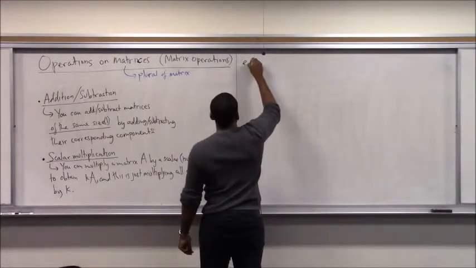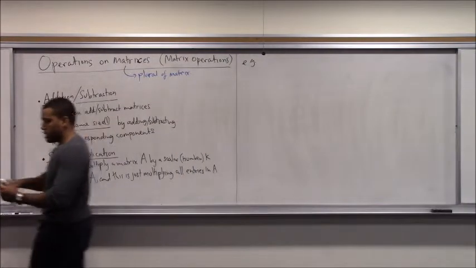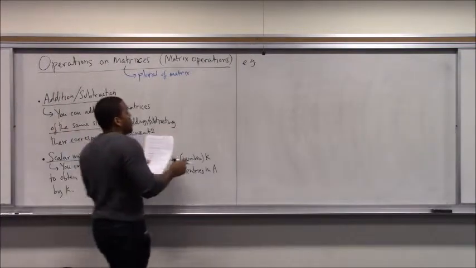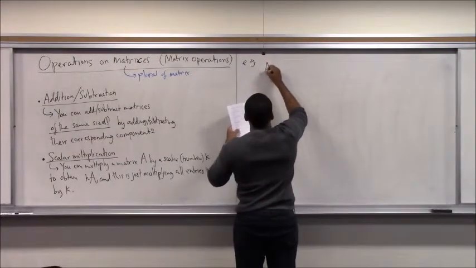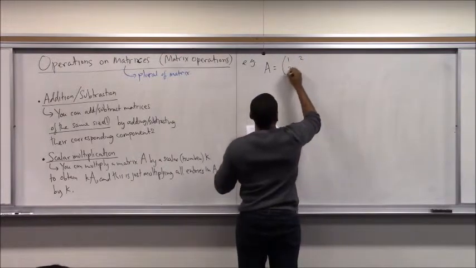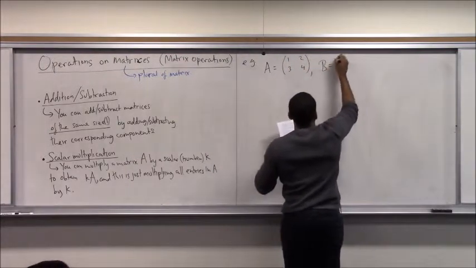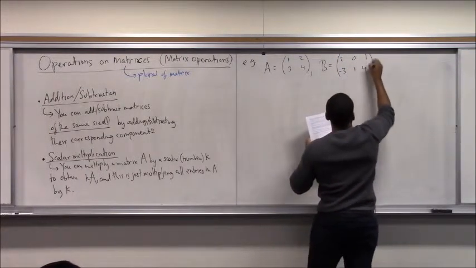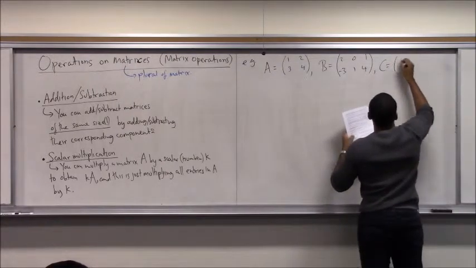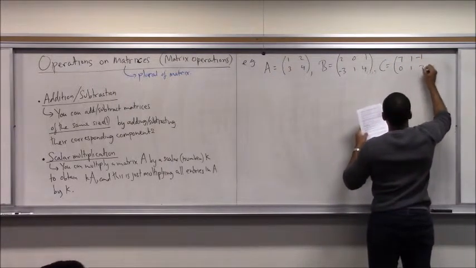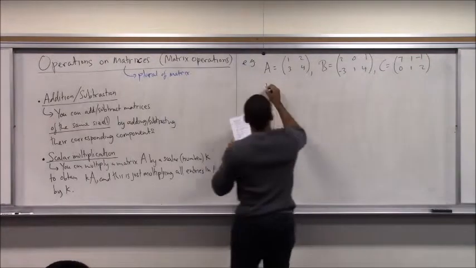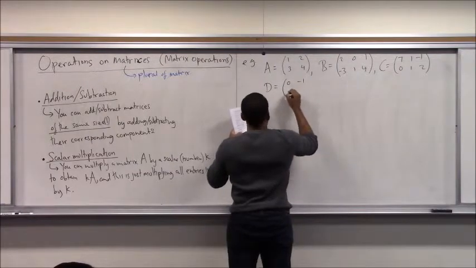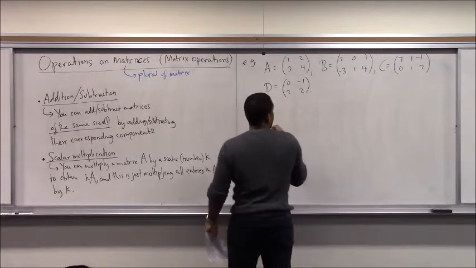So let's do some examples here of using these mathematical operations. Okay, so here are some matrices. A is equal to 1, 2, 3, 4. B is equal to 2, 0, 1, minus 3, 1, 4. C is equal to 7, 1, minus 1, 0, 1, 2. And D is equal to 0, minus 1, 2, 2. Now here is the goal.